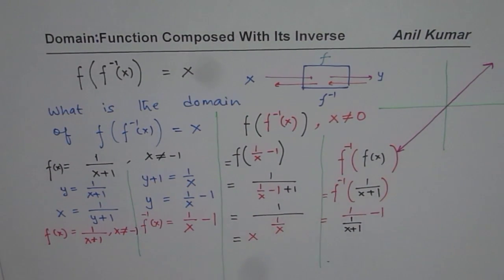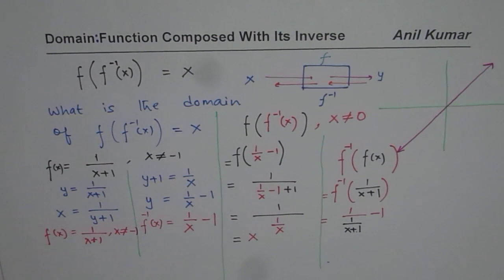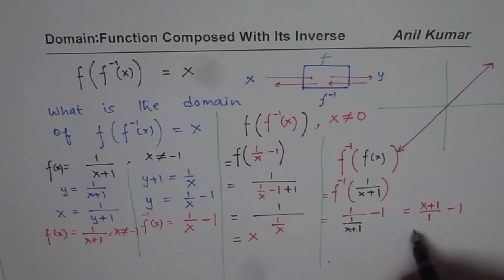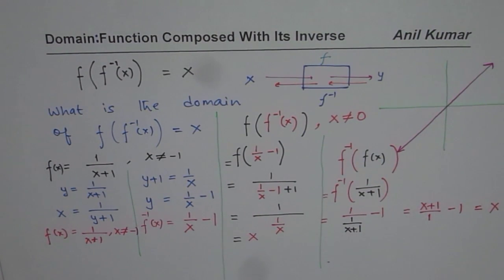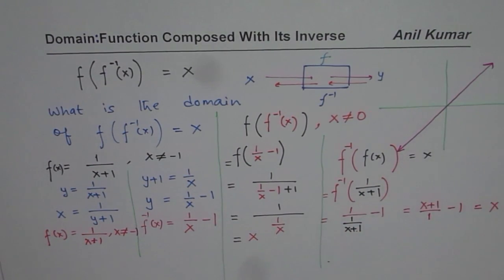This is the f inverse x function, where we have substituted the inside function for x. Got it? Okay. Now, let's simplify this. That gives us x plus 1 over 1 minus 1. And that is indeed equal to x. You get the idea. So again, we found the same result, that this is also equal to x.